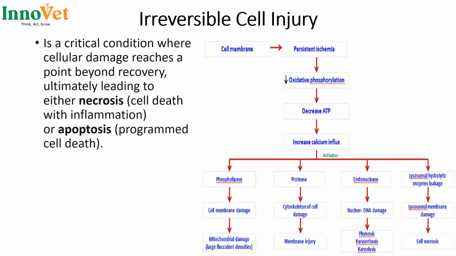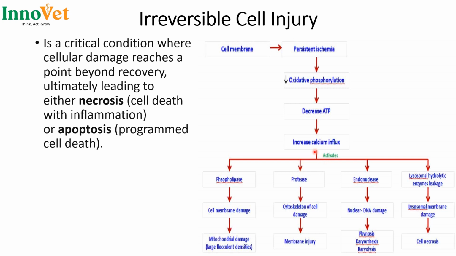So you have a condition of persistent ischemia. Then it will decrease oxidative phosphorylation, thereby decreasing ATP production, and this will increase calcium influx in the cell.